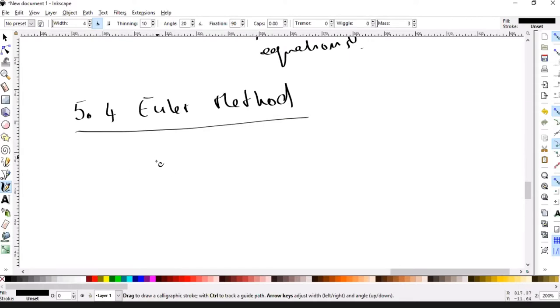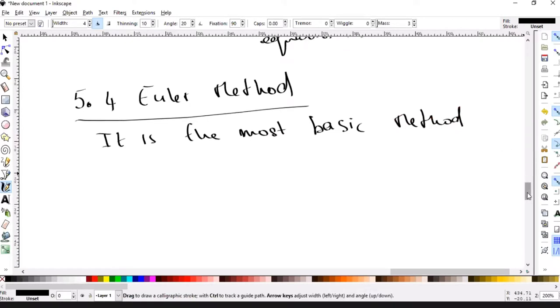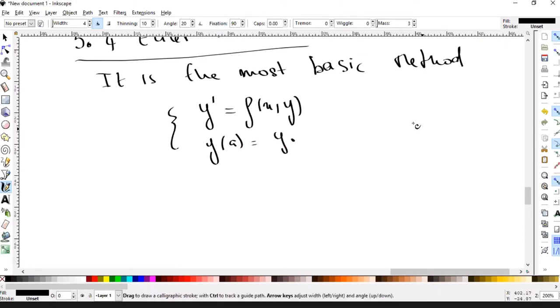The Euler method is the simplest, but the error here is... so we have the following system, where y of a is equal to y0, x belongs to ab.